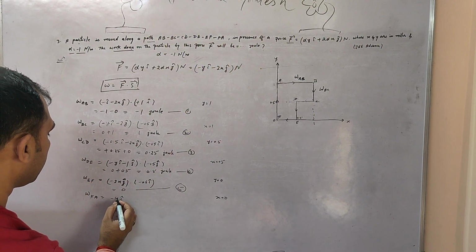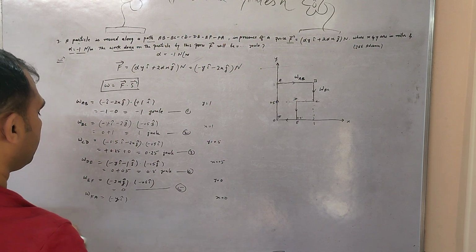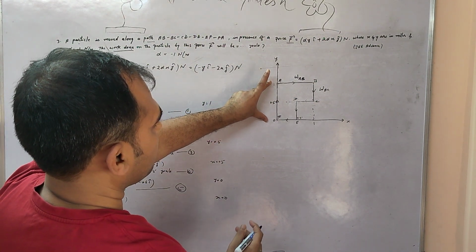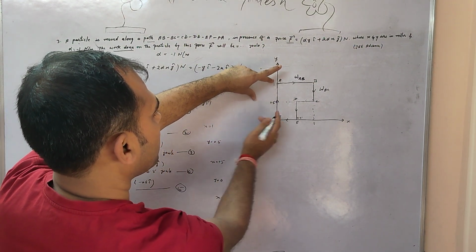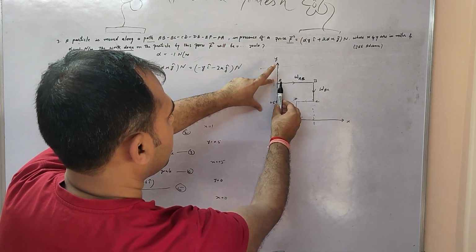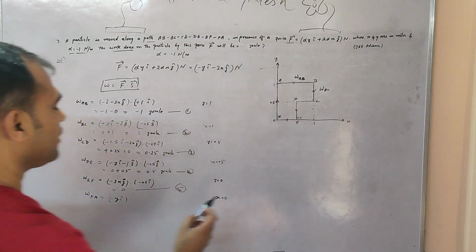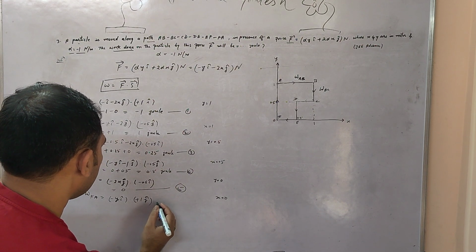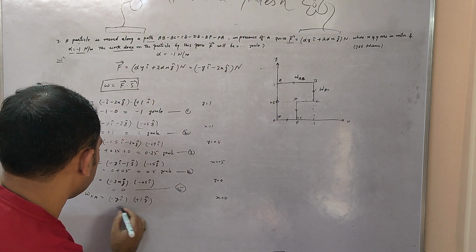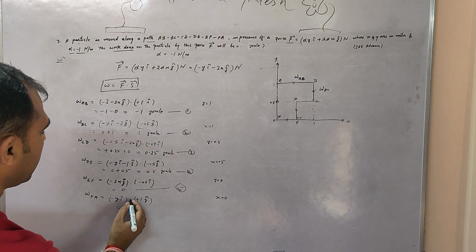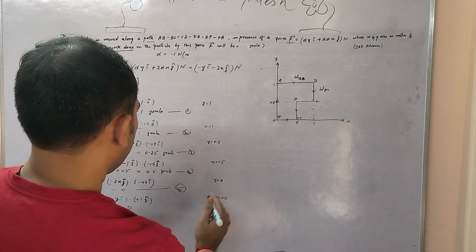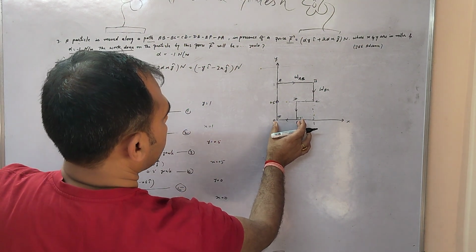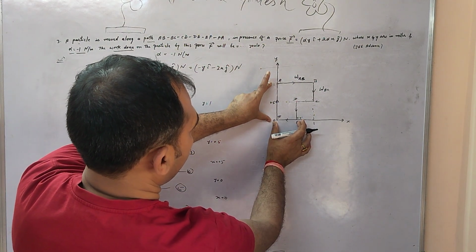We are left with minus y i cap. And the displacement vector FA, this is magnitude 1, and this is the positive direction plus j, so this will become plus 1 j. But again, you know, i dot j is 0. So work done here also 0. So work done will be 0 for E to F and also 0 for F to A.